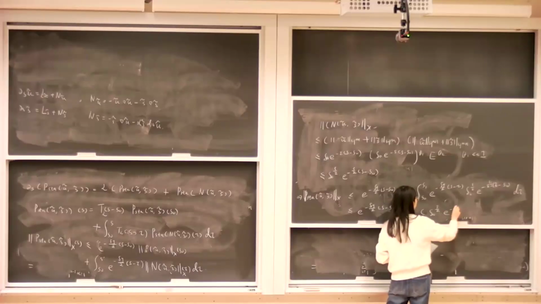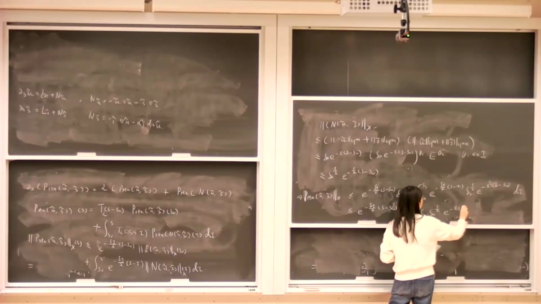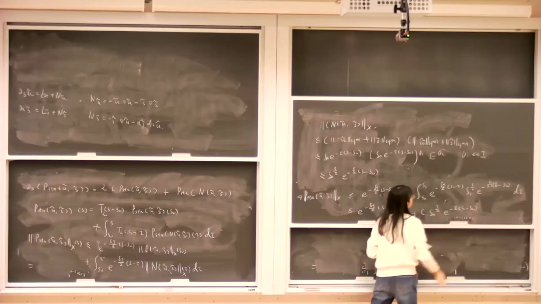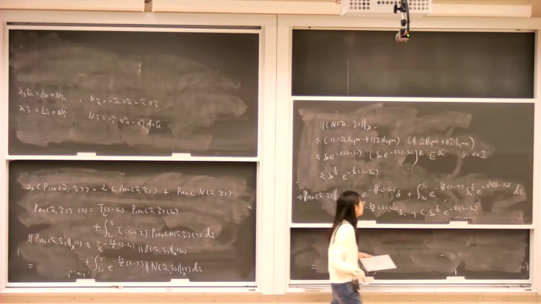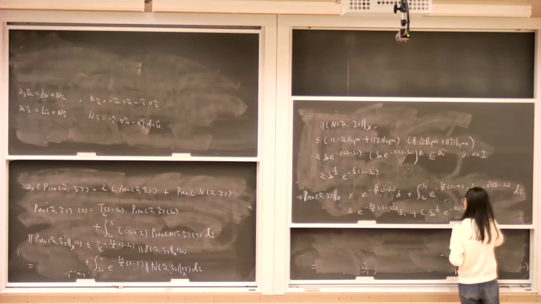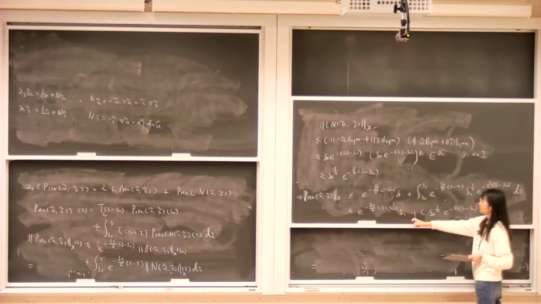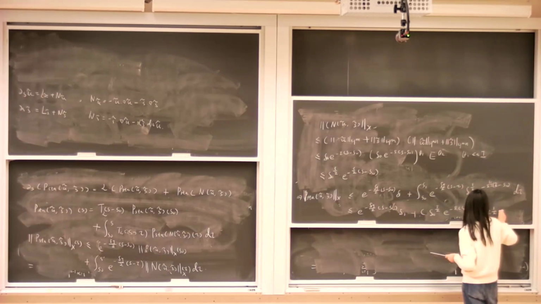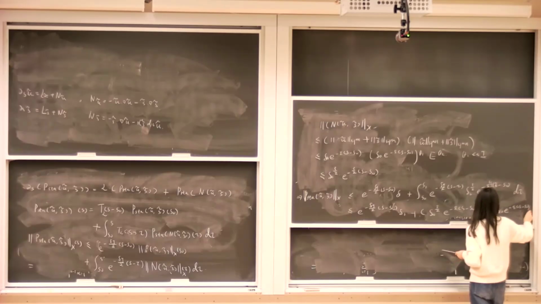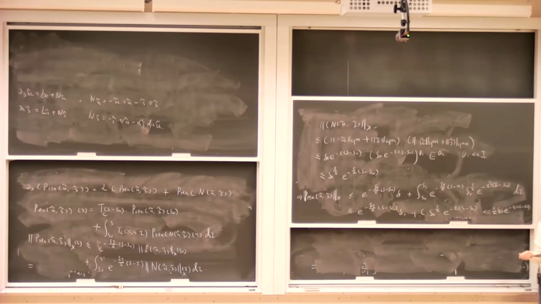So e to the negative epsilon (s minus s naught). In the end, this will give you a bound because delta naught is very small and delta 1 is very much smaller than delta naught. So this will give you less than or equal to 1/2 of the bootstrap bound that you want. So this is the bootstrap bound for the first estimate.